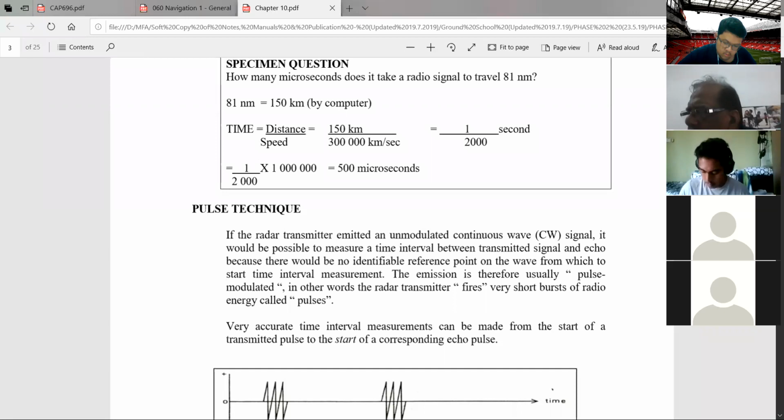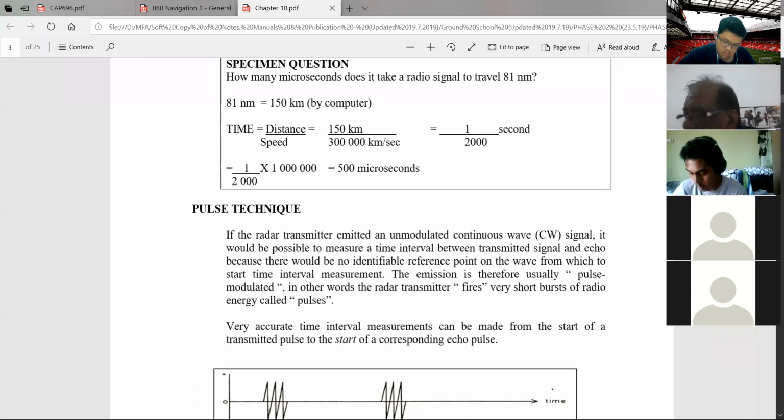Is it 13 microseconds, sir? How have you come to this conclusion? I just took 2000, multiplied it by 2, and then divided by 300.